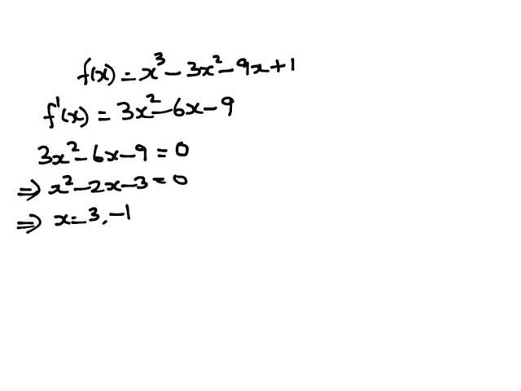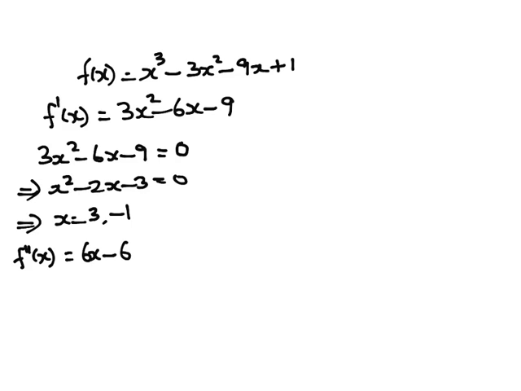Let me find the nature of these stationary points, whether they will give me a point of inflection or a local maxima or a local minima. So how do we do that? I can use either the first derivative test, or I can use the second derivative test. Let me use the second derivative test. So f double dash of x is 6x minus 6.